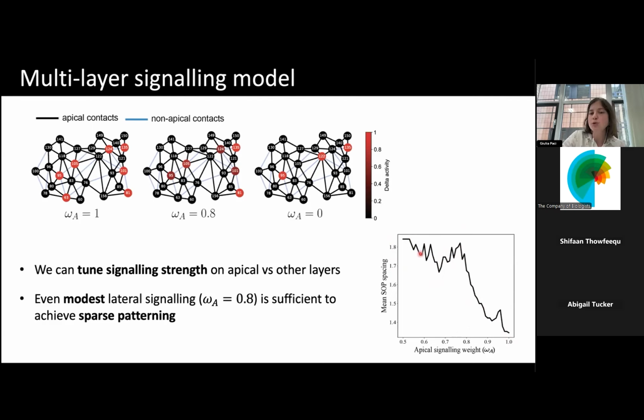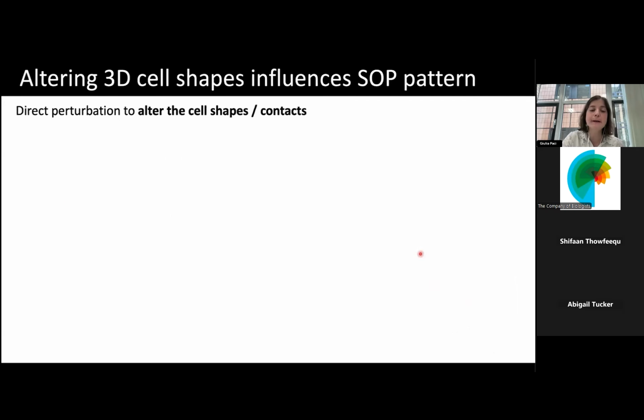At the same time, we also wanted an experimental test that the 3D cell shapes could affect the spacing. So we looked for conditions that would allow us to alter the shape of the cells and therefore alter the contacts.